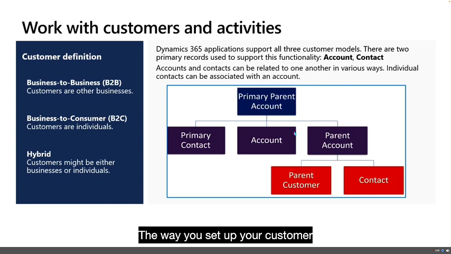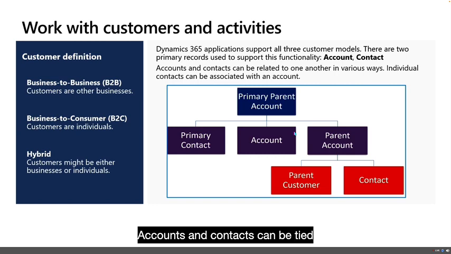The way you set up your customer profiles is through accounts and contacts. An account represents a company or an organization that you do business with, such as a customer, a vendor, a partner, or a reseller. And then a contact represents a person. A contact can be a standalone person or an individual at an organization.